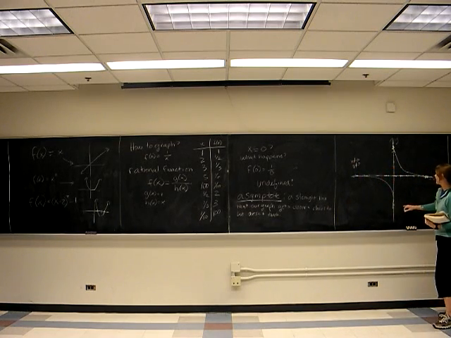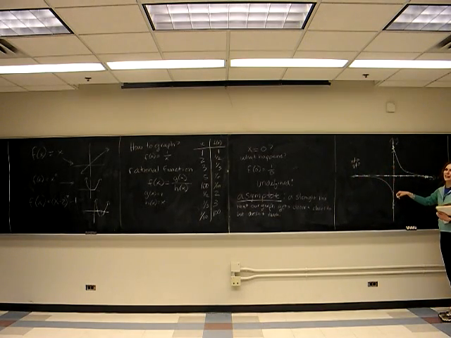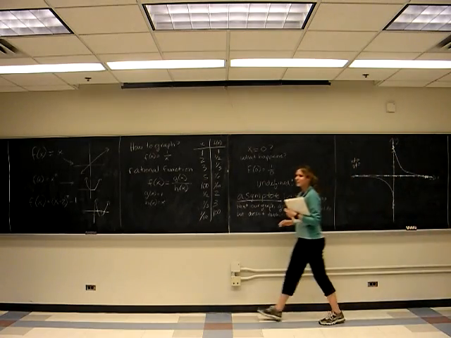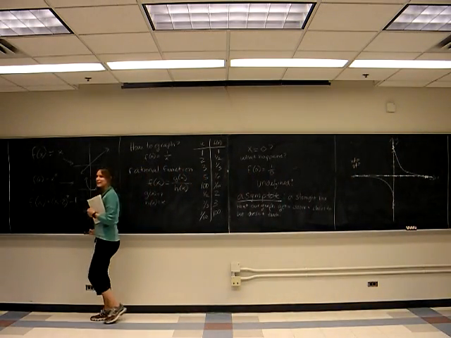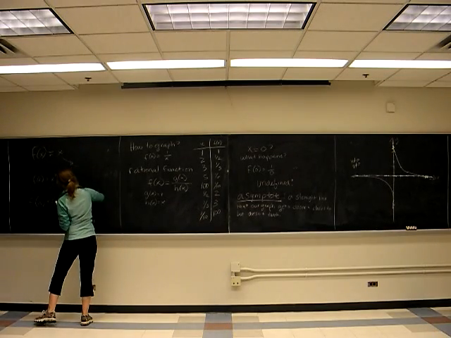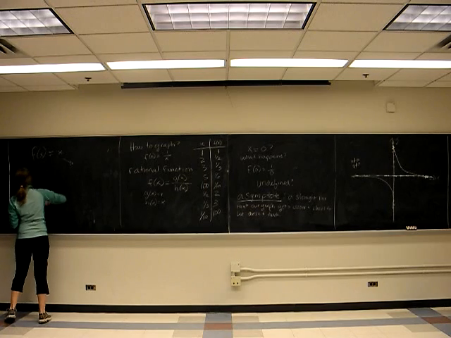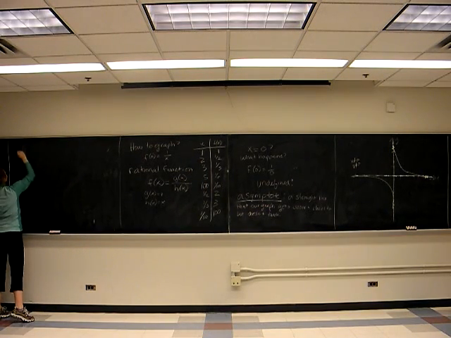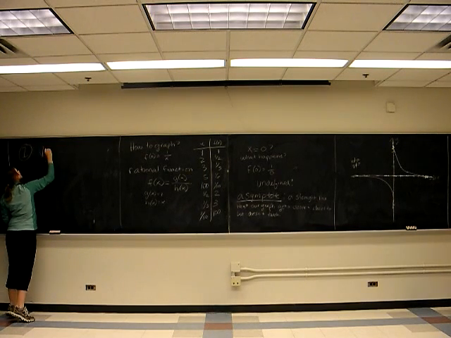So, we can see in our example that we have two different kinds of asymptotes. We have one that goes vertically, and one that goes horizontally. So we can actually classify asymptotes into three different sorts. The first sort is vertical.